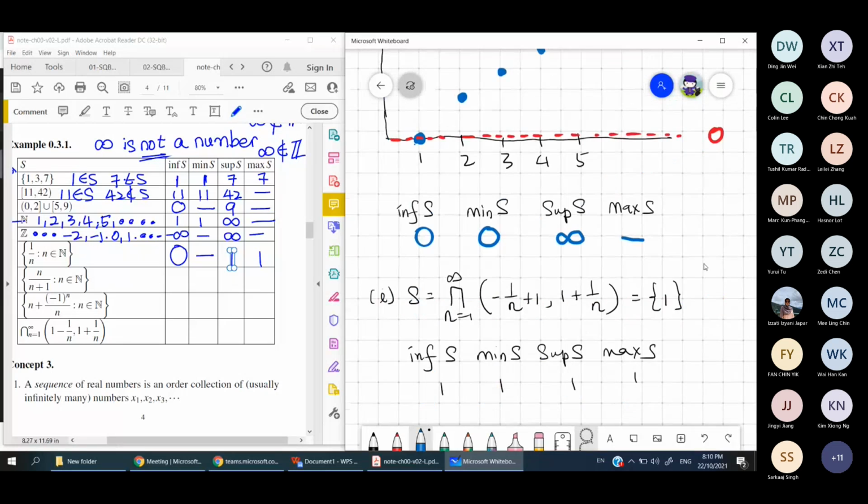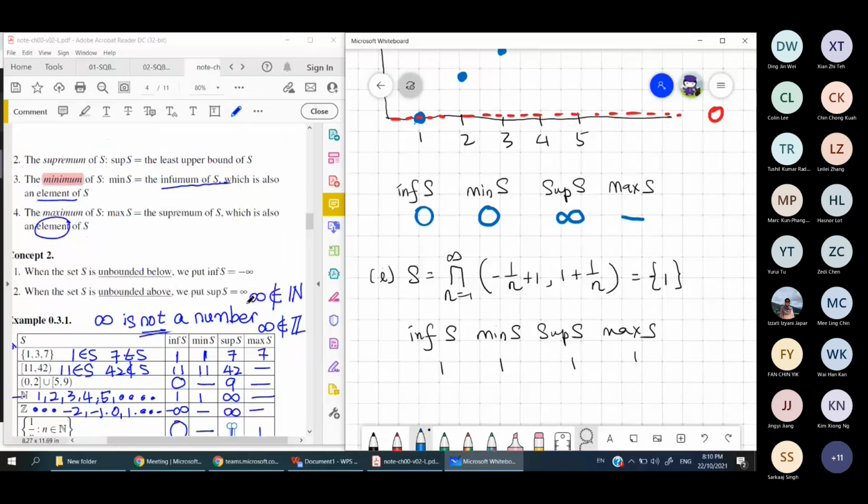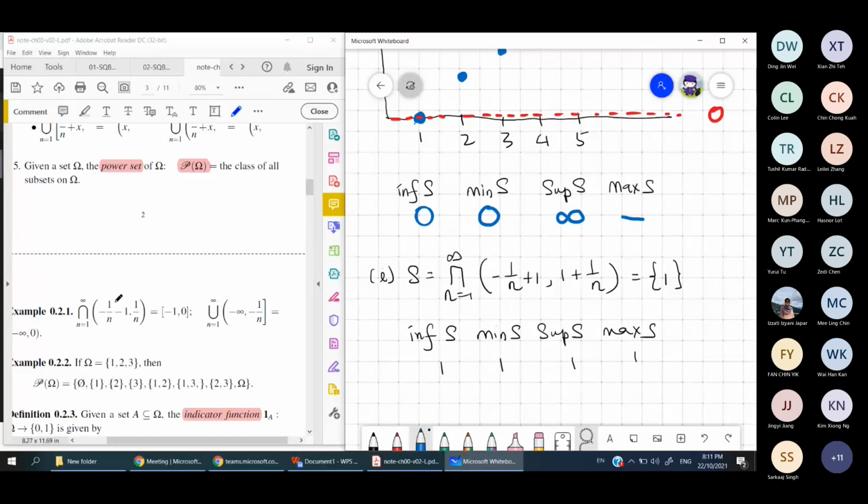Okay, so this one I'm not going to demonstrate, so you guys go and verify it yourself. You can use the same technique as the example here, which is actually the same as this example. You can refer to this example. You can see after taking the intersection, this is a set with only one element, okay?